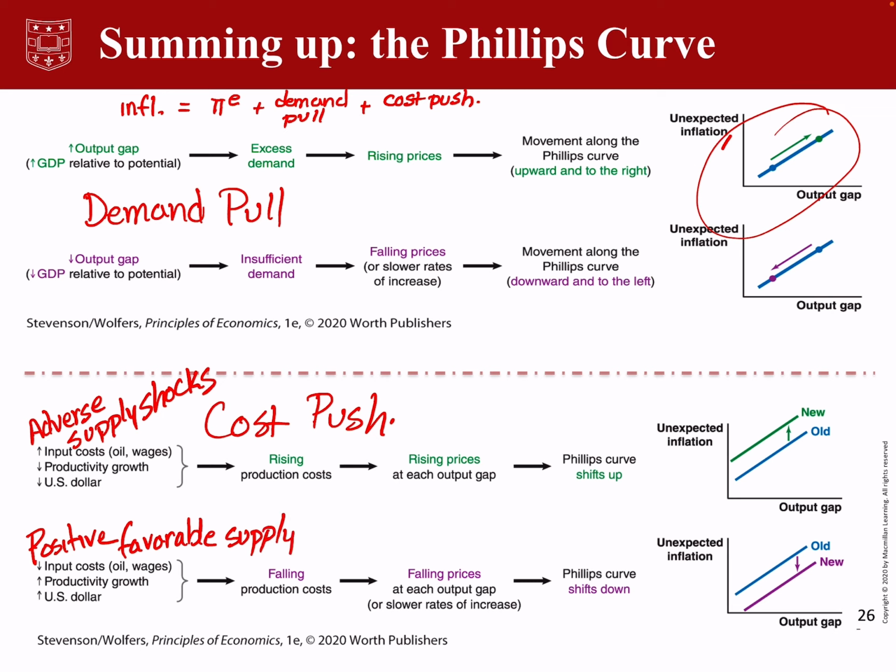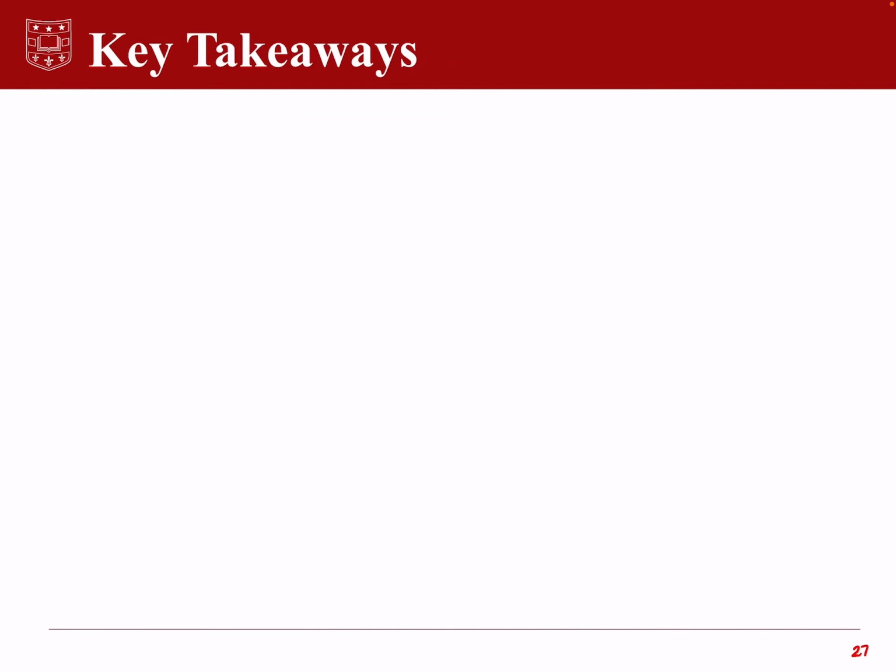So adverse supply shocks shift the Phillips curve upward. They cause, again, higher inflation in the macroeconomy, and favorable supply shocks do the opposite. They'll result in a downward shift in the Phillips curve and result in lower rates of inflation in the macroeconomy.